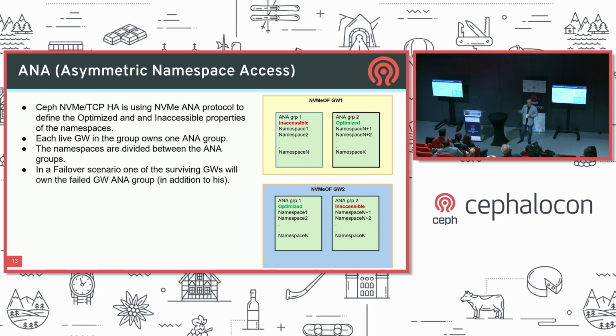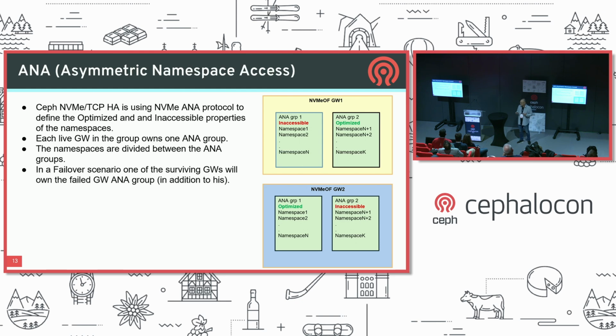And then each ANA group is optimized. The NVMe protocol specification says an ANA group can be optimized or it can be inaccessible. So on a good path I/O, each gateway will be the owner of one of the ANA groups, and each gateway will get one ANA group as optimized.